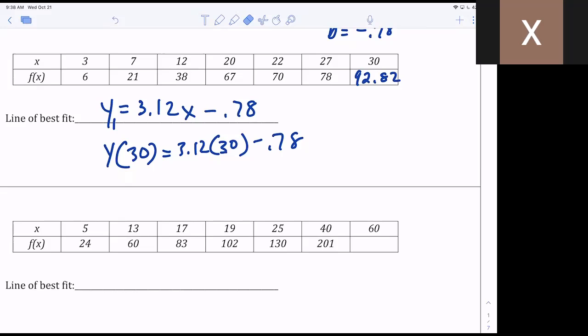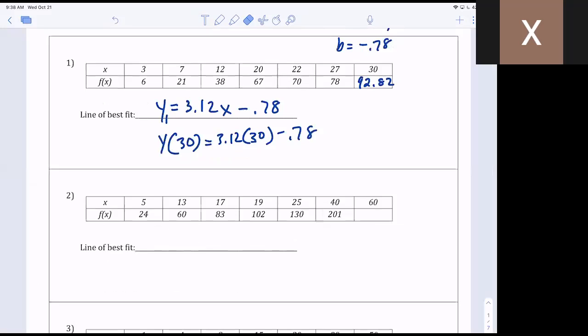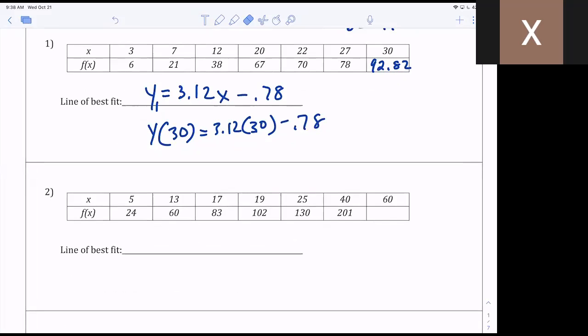3.12 times 30 minus 0.78. How do you play equals? Where do I get what, Tucker? I have y equals 30, times... No. This is the equation. If I want to know what the y value is at 30, I just plug 30 in here. You physically do that on your calculator.